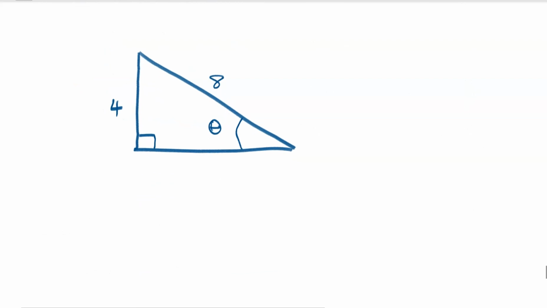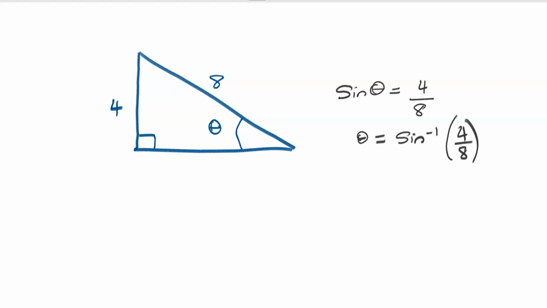Down here, I've got a triangle with a hypotenuse length of 8 and an opposite length of 4. So I'll write down sine of angle theta is equal to my opposite length divided by my hypotenuse length. Then I'll take my sine across and I'll have the inverse of sine, so sine to the negative 1, in brackets 4 divided by 8.